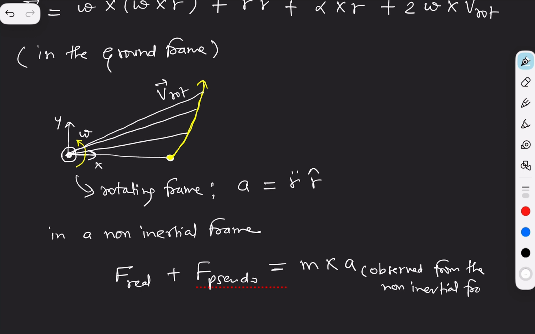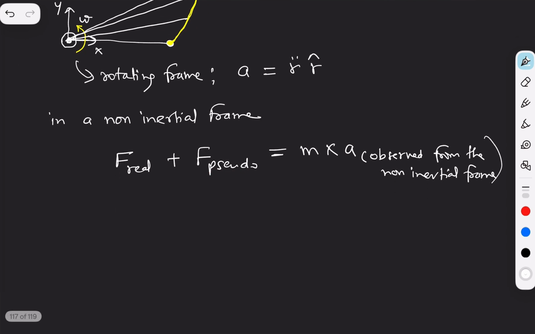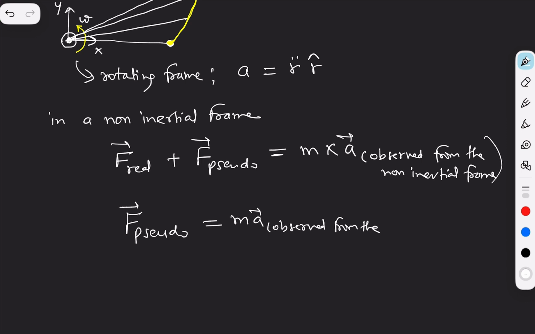Okay, so what we call here F pseudo, let me put it in vector form only. F pseudo will simply be m a observed from the non-inertial frame, minus F real.